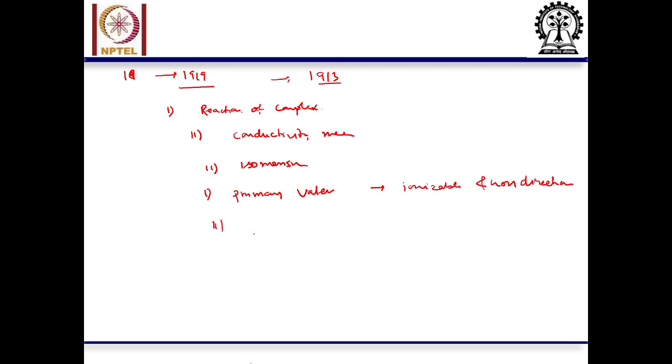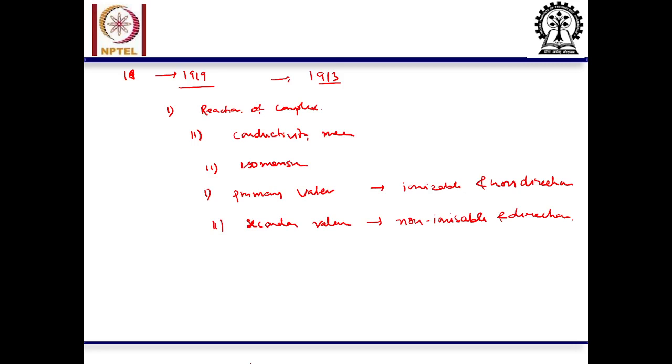Second is the secondary valency, which is non-ionizable and directional. So this theory he has given.